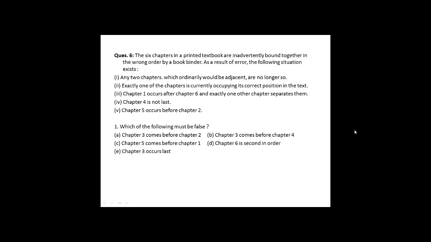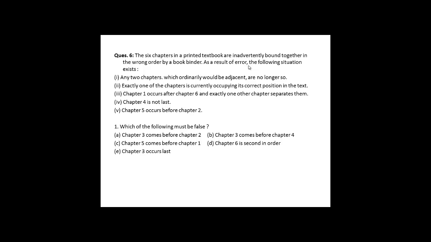Let's come to the sixth question. The six chapters in a printed textbook are inadvertently bound together in the wrong order by a bookbinder. As a result of the error, the following situation exists. Any two chapters which ordinarily would be adjacent are no longer so.